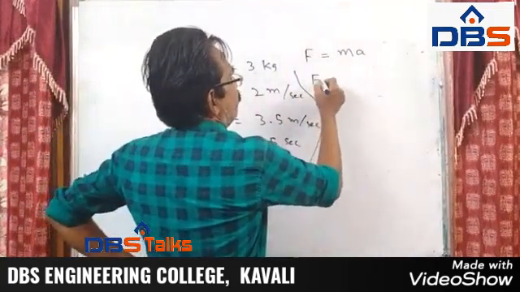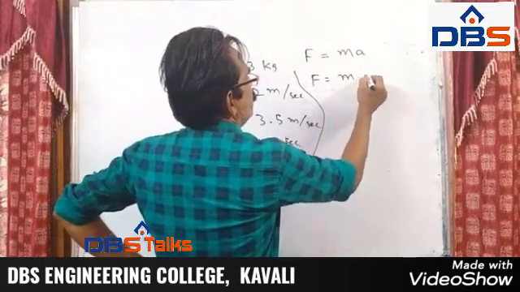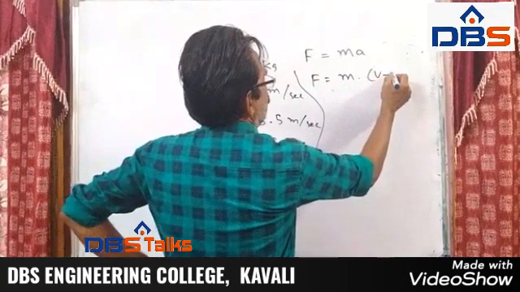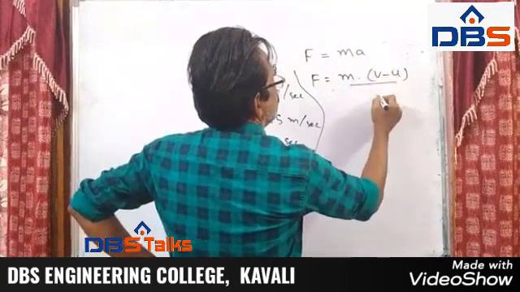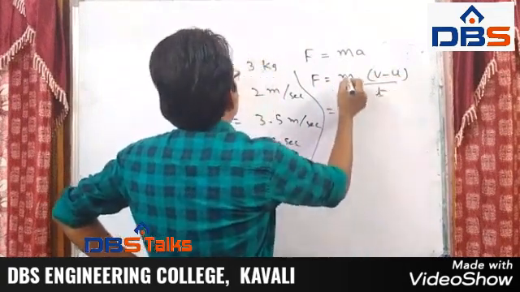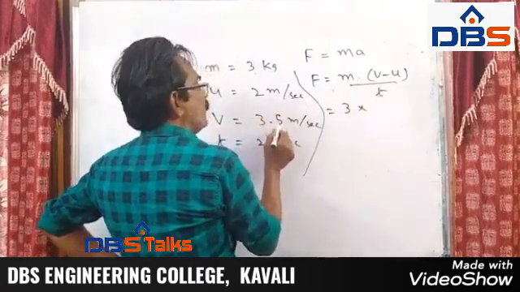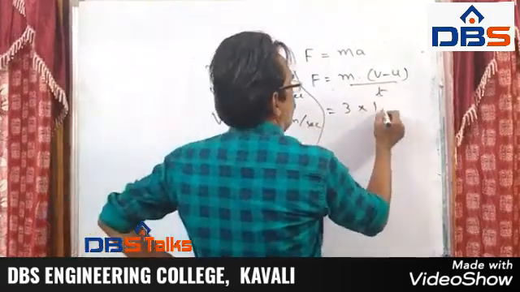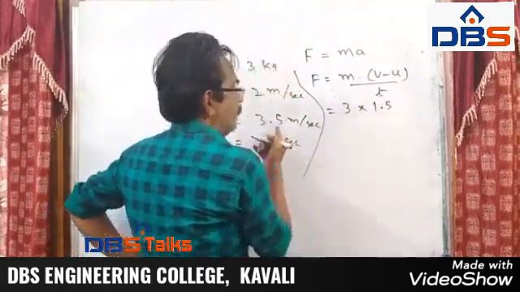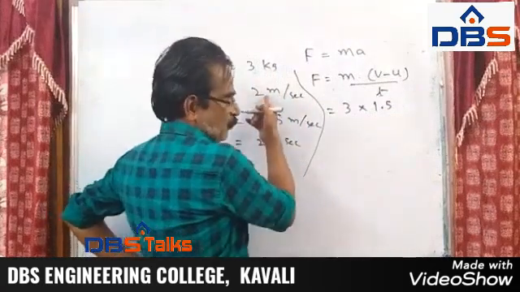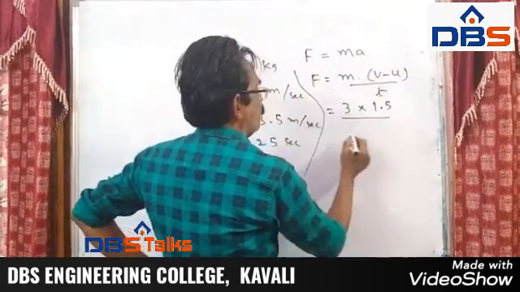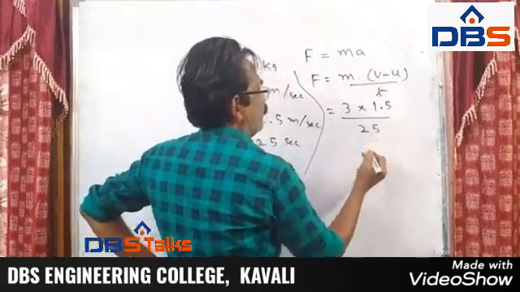So F is equal to m into a, means change of velocity. So m is known, into v minus u, 3.5 minus 2, 1.5, by t, in how many seconds, friends? 25 seconds.